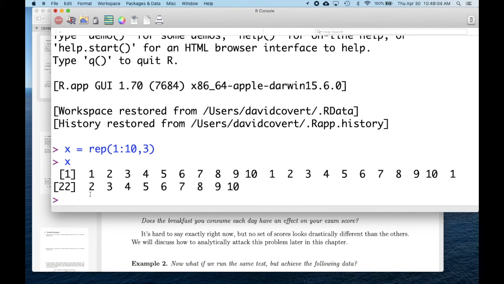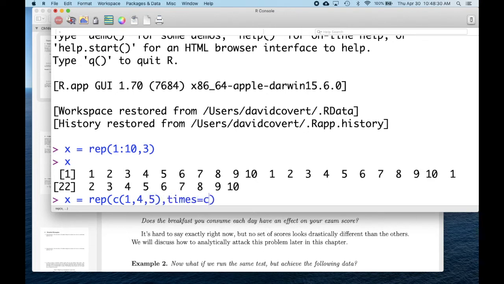Let's do it this way. Let's say that I want X to be the sequence 1, 4, 5.